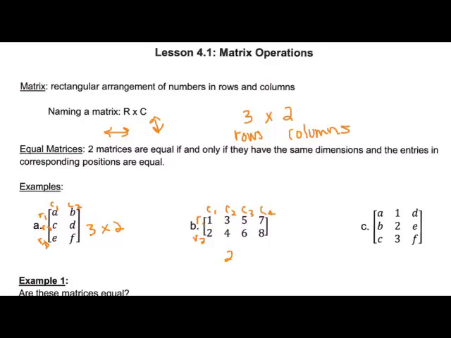So this is a 2 by 4 matrix. And part C is what we call a square matrix because we have the same rows and same columns. So we have row 1, row 2, and row 3, column 1, column 2, and column 3. So this is a 3 by 3 matrix.